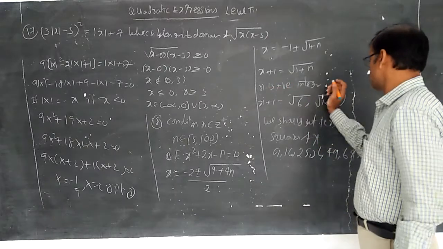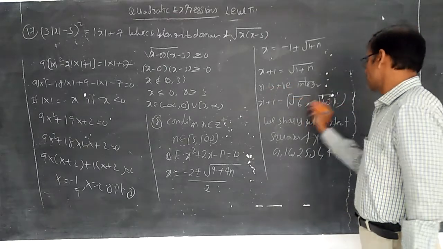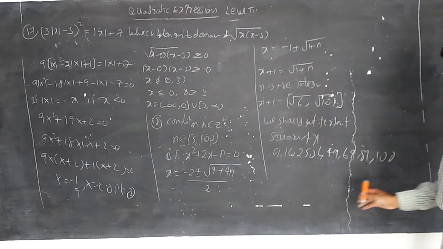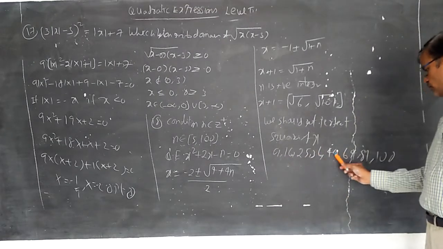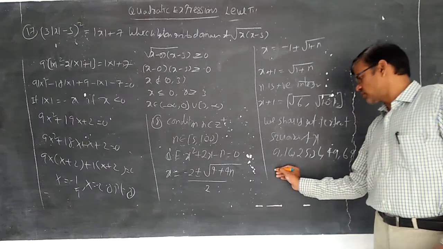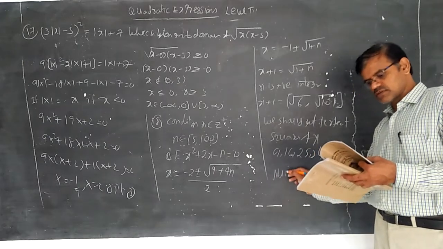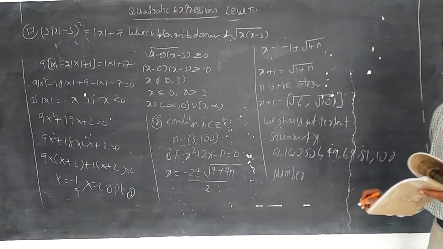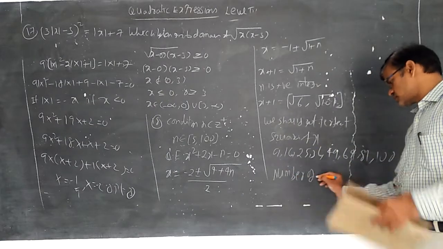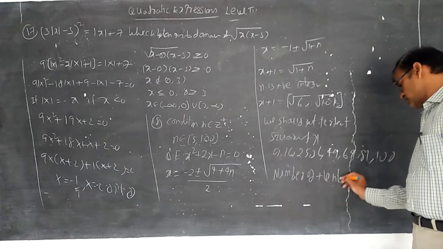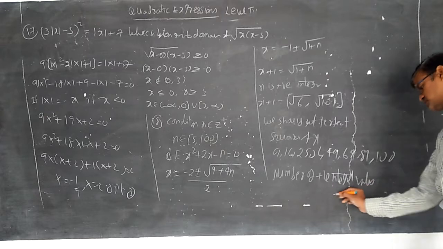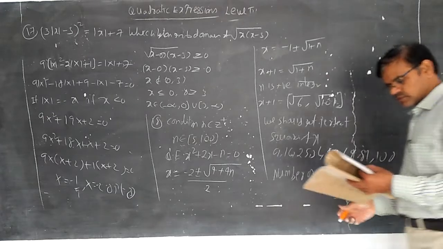So 100 also is included: 1, 2, 3, 4, 5, 6, 7, 8. He is asking the number of solutions, the number of positive integral values, which is equal to 8.